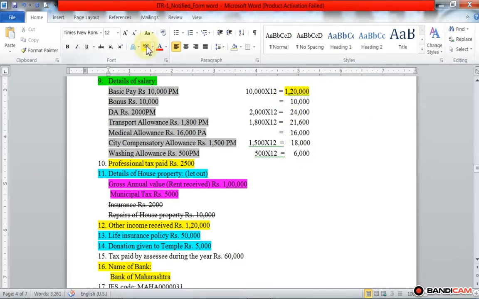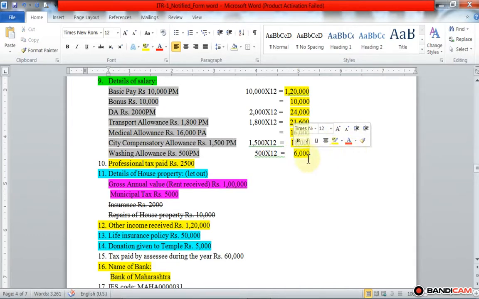We get a gross salary: 1,20,000 plus 10,000 plus 10,000 plus 24,000 plus 24,000 plus 21,600 plus 16,000 plus 18,000 plus 6,000 plus 6,000.